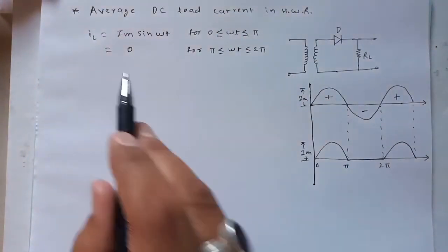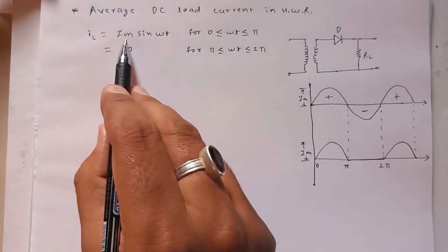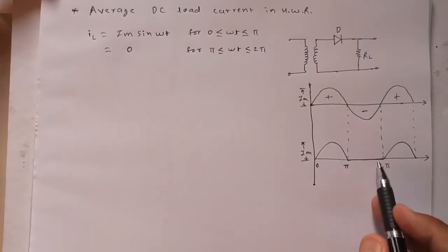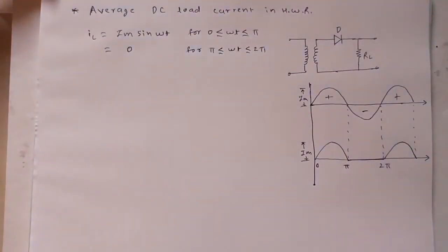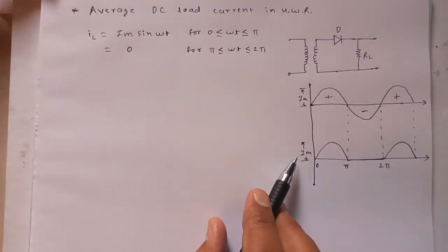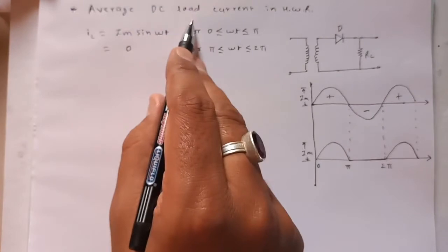Once again, from 0 to pi we have Im sine omega t. From pi to 2 pi, as the output is 0, the current equation is written to be 0. I already told you that this Im is nothing but the peak value of the load current, right?